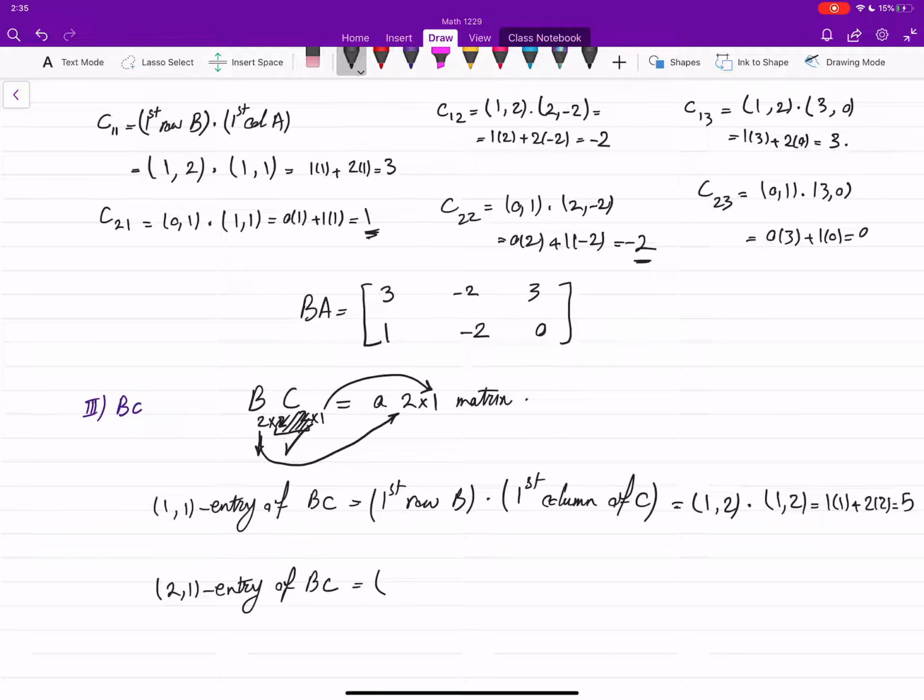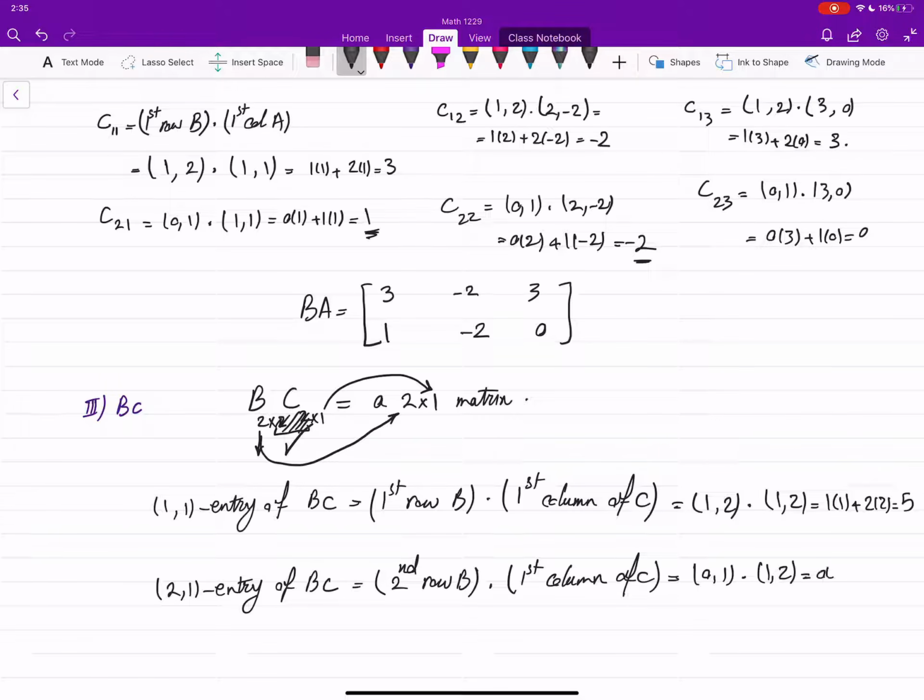For this one, we pick the second row of the first matrix and dot product with the first column of C. So this is 0, 1 dot 1, 2.